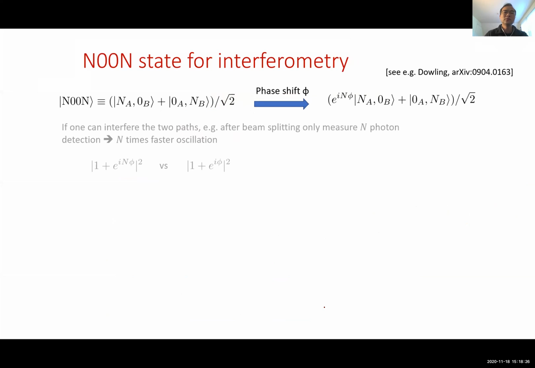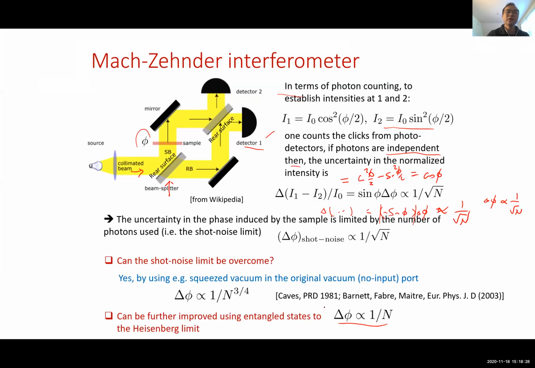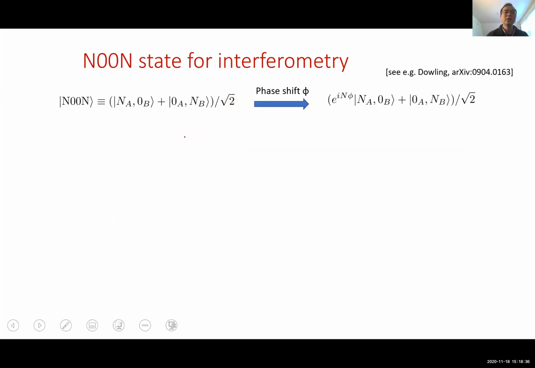Here we are thinking that you could input a state that goes to two arms in a so-called NOON state, meaning that in A you have n photons and in B there's no photon, and that's superposed with the state where in the A mode there's 0 photons and in the B mode there are n photons.